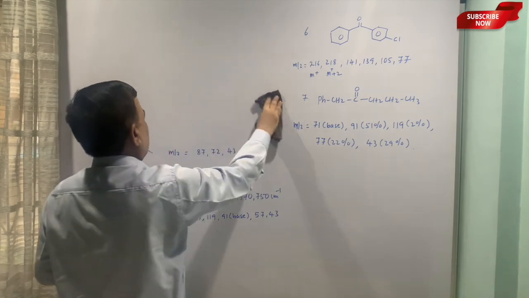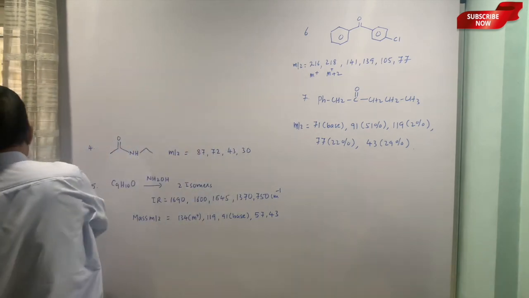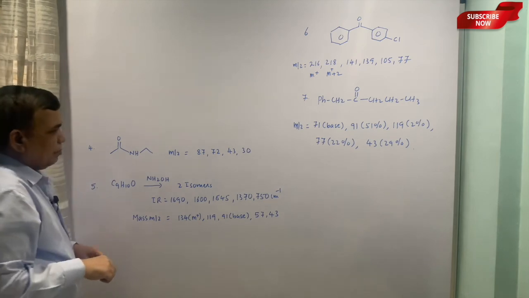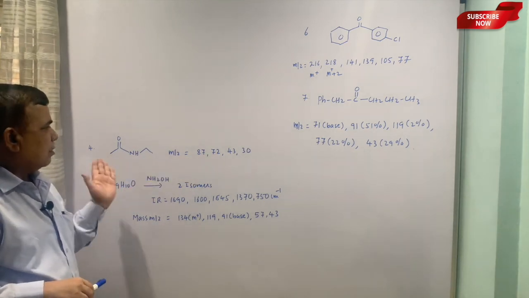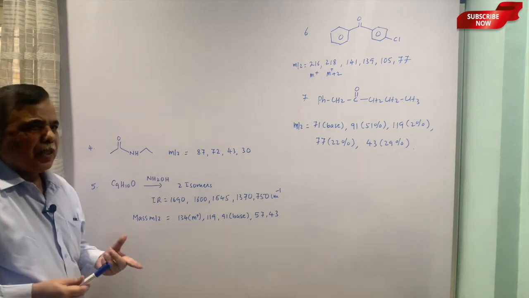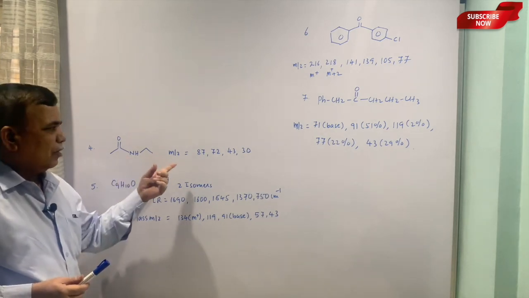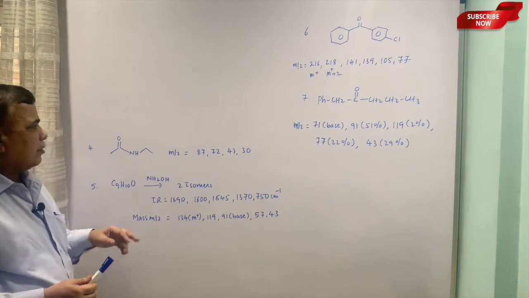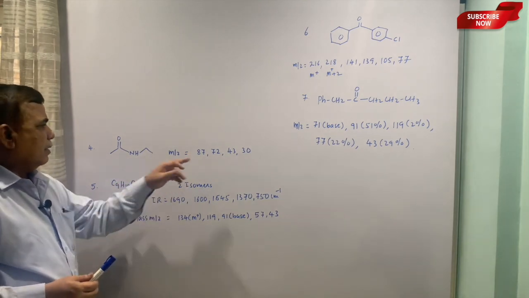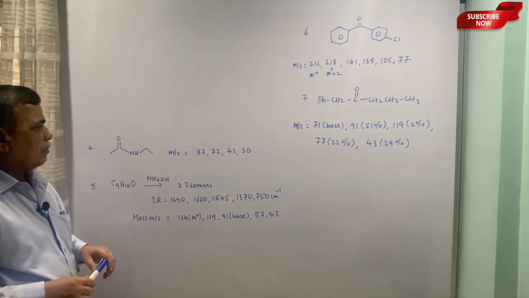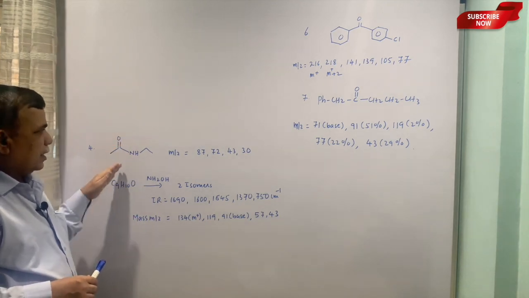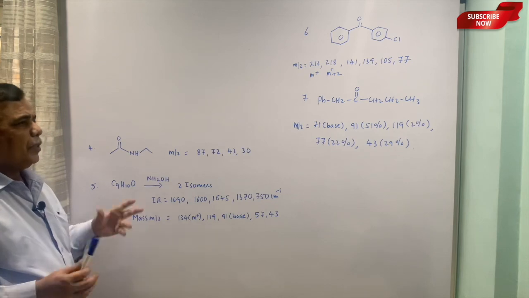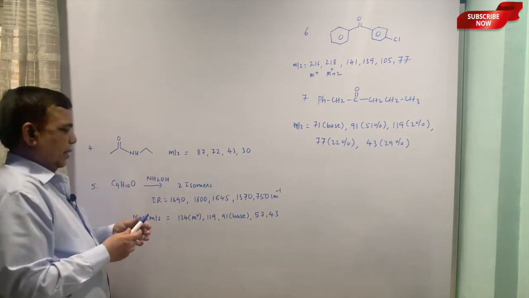Okay. Fourth example, this amide 87 looks like M plus, because odd nitrogen, odd mass according to nitrogen rule, that is there. 72 looks like the loss of methyl group, 43 is this part CH3CO, and 30 is the peculiar peak for the iminium ion.